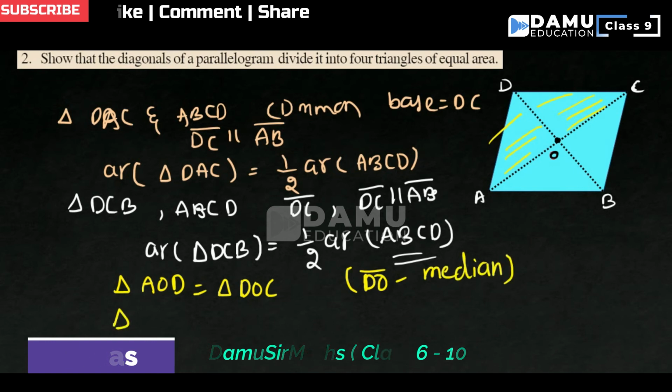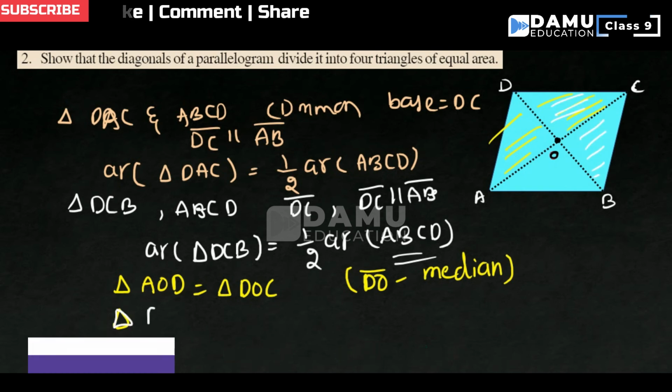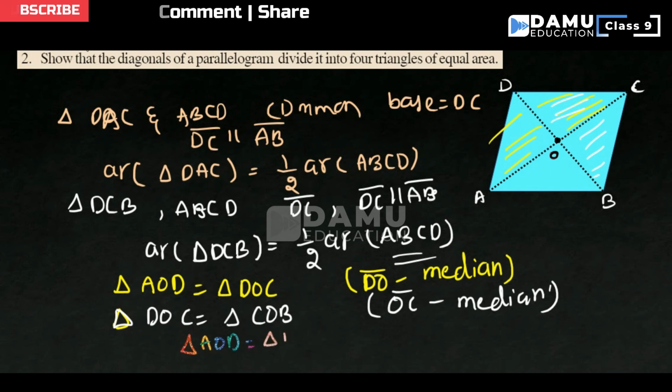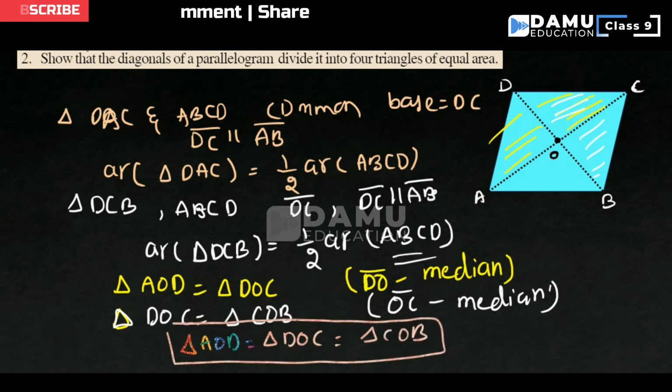Then triangle DOC is equal to triangle COB, as OC is the median. The final statement: triangle AOD is equal to triangle DOC, which is equal to triangle COB.